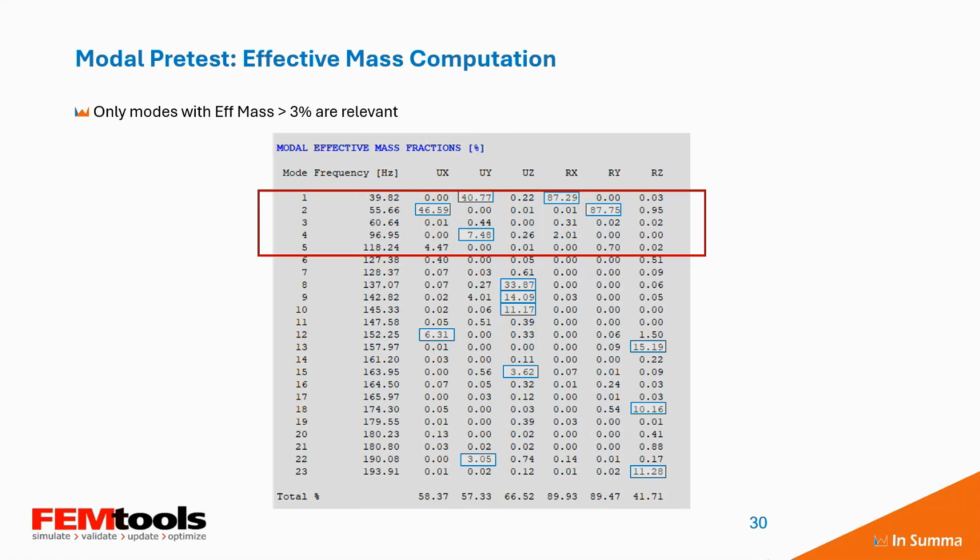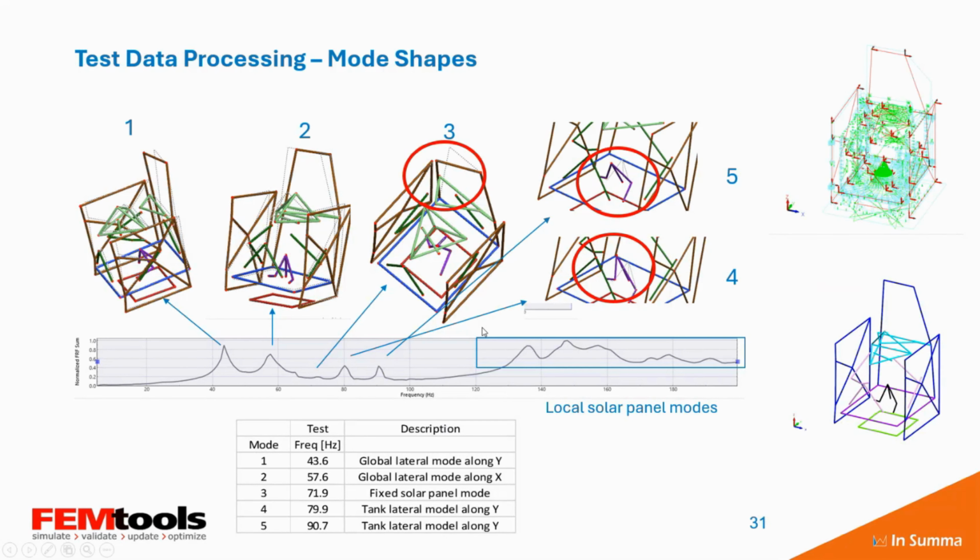The test data actually has frequencies up to 100 hertz. Then we compared those simulation frequencies with the test. So here is the test. You see the largest is 90 hertz, where here it is 118.